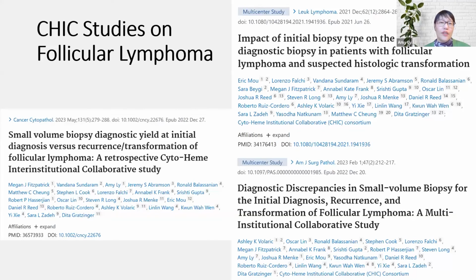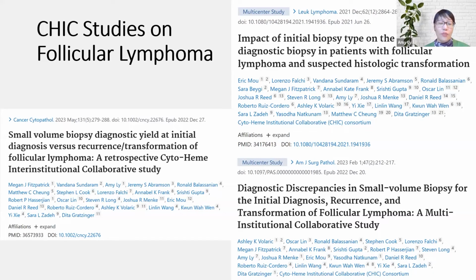So one of the things we really like is multi-institutional studies, and they can be really useful to show the ability of small volume biopsies for diagnosing lymphoma. MGH, where I am, is a member of a multi-institutional group of this sort, and we've been examining small volume biopsies for hematolymphoid diagnosis.